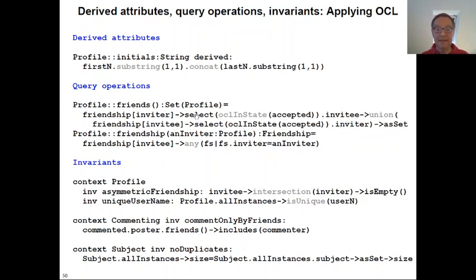These operations, this use of role names with a dot, give a bag valued result. I'm converting the bag into a set as I have declared this operation to return a set.